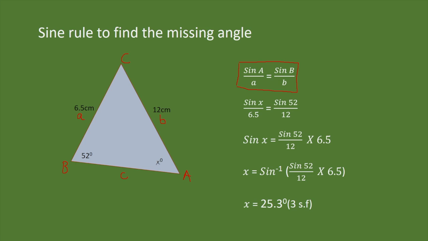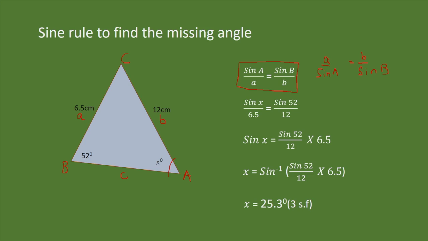When we wanted to find the missing side, I used a over sine A is equal to b over sine B. And in here I have used the other way around, because I need to find an angle. So I bring the sines as the numerator. Now let us substitute the values.